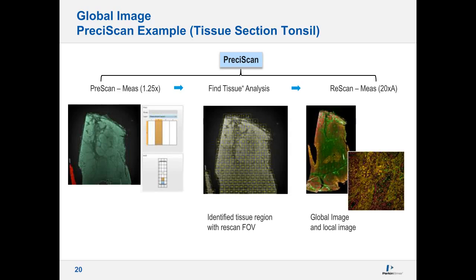You're doing a rescan of the fields of view or the ROIs of interest. Just based on contrast, you can identify the tissue itself, and then we can stitch these together as a montage, a global image. But we could also go back and look at these individual fields in something we call a local image, so then we get the quantitative analysis that we need.